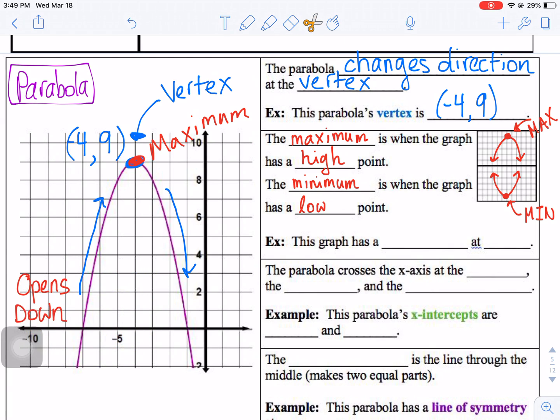This maximum point happens at the same point as our vertex, which was -4, 9. So we could say on the right again, this graph has a maximum at -4, 9.